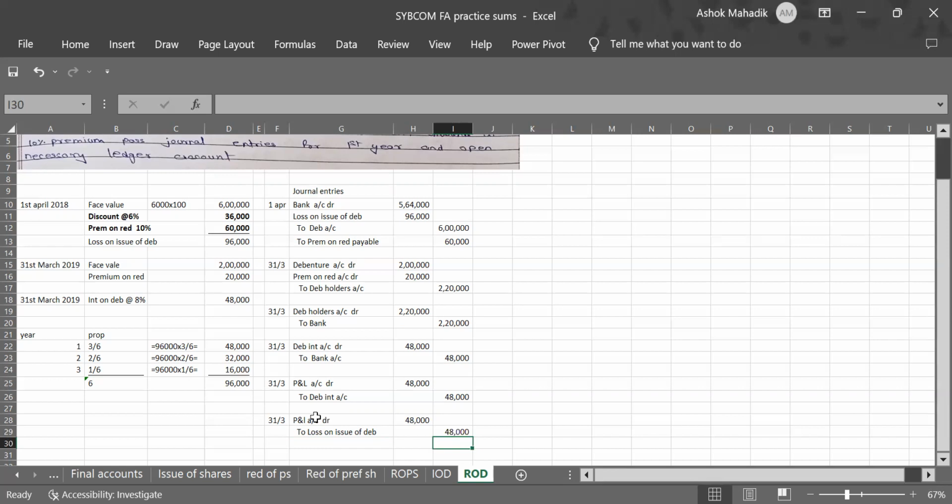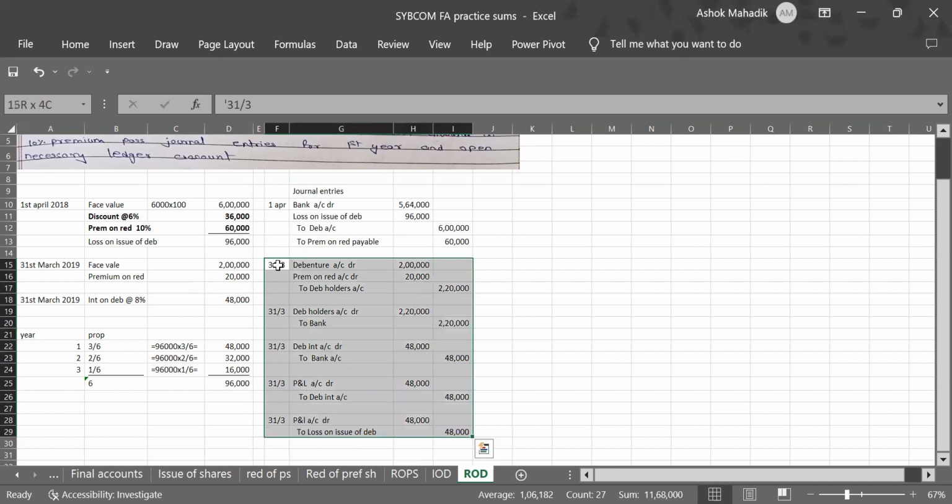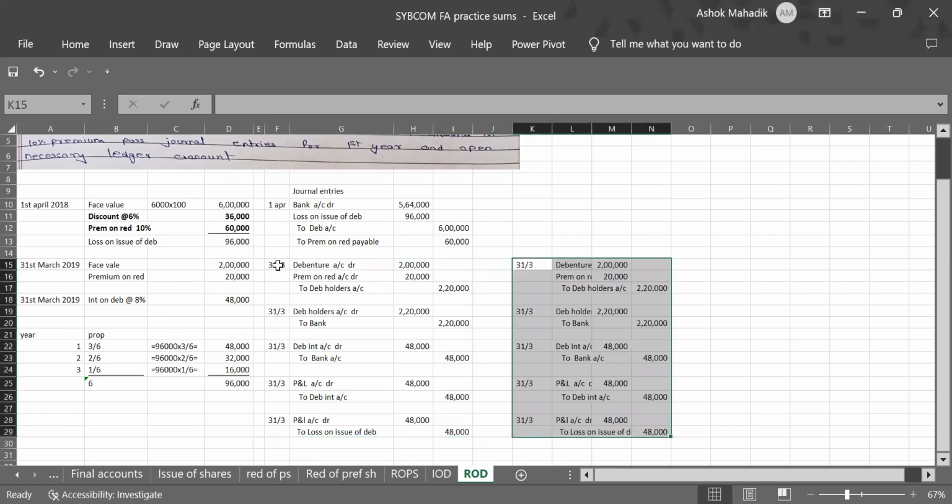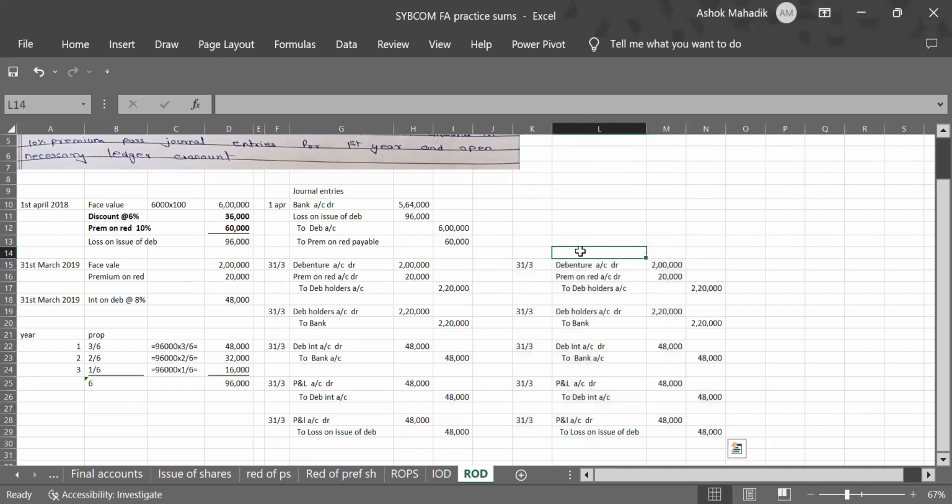You understood the entries. Now if they ask you to pass entries for 2 years, these entries will be repeated from the second entry onwards. I'll just show you how. In the first year, the very first entry is the issue entry, that is issue of debenture. That is done only once in the lifetime of that debenture. But redemption is over a period of 3 years. Clear?